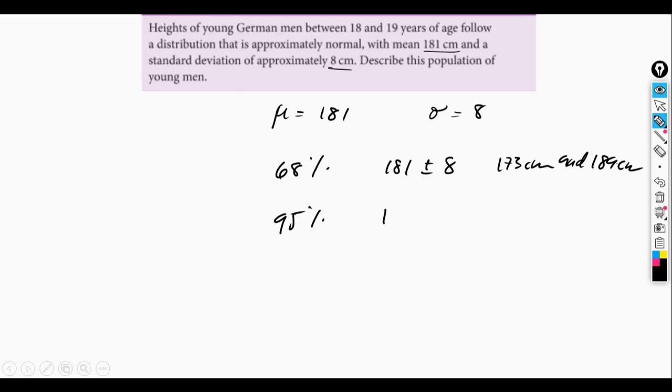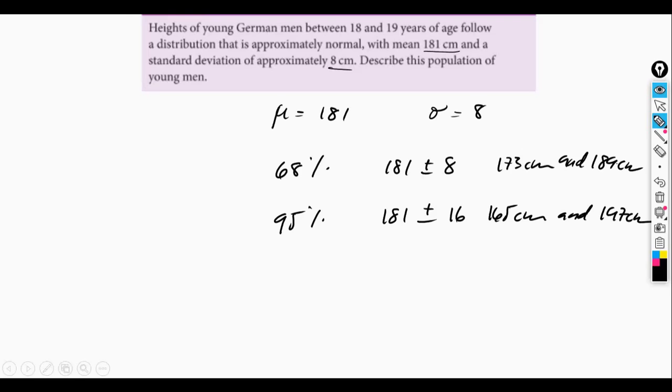would be between 181 plus minus 2 standard deviations, which would be 16. So that means that 95% of those young men would be between 165 centimeters and 197 centimeters.